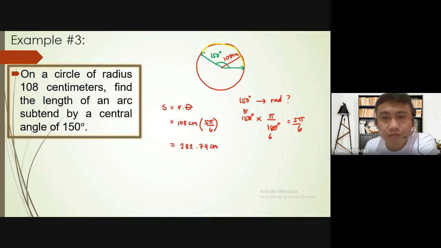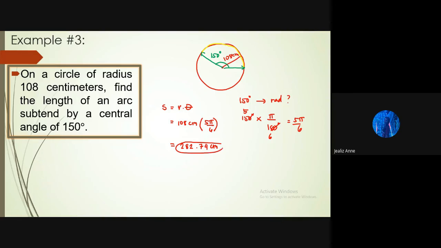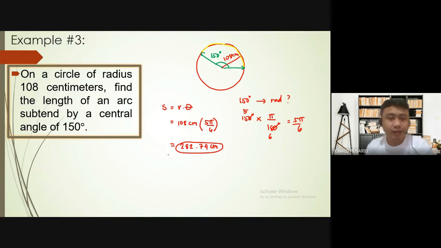So, kinonvert na yung pi sa 3.14. Tama? Hindi ko po alam, sir. I-try natin i-multiply para makita natin. Isulat ko muna: 108 times 5 pi over 6.